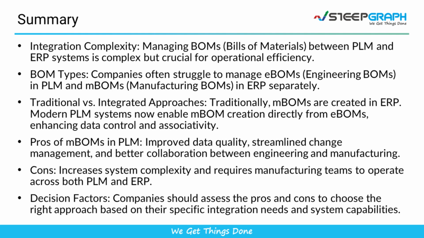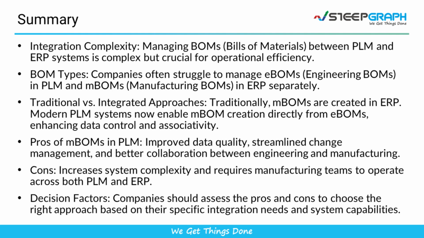Summary of the video. Integration complexity: managing BOMs, bills of materials, between PLM and ERP systems is complex but crucial for operational efficiency. BOM types: companies often struggle to manage EBOMs, engineering BOMs, in PLM and MBOMs, manufacturing BOMs, in ERP separately. Traditional versus integrated approaches: traditionally, MBOMs are created in ERP. Modern PLM systems now enable MBOM creation directly from EBOMs, enhancing data control and associativity.